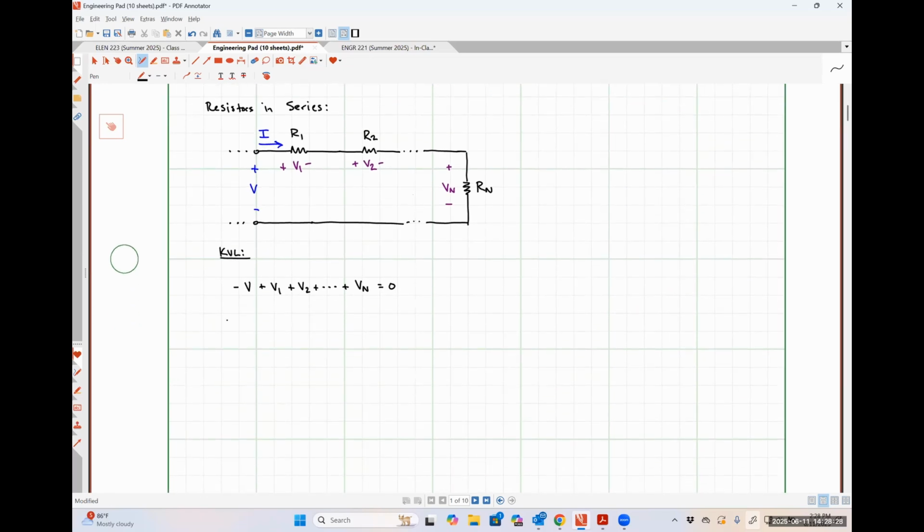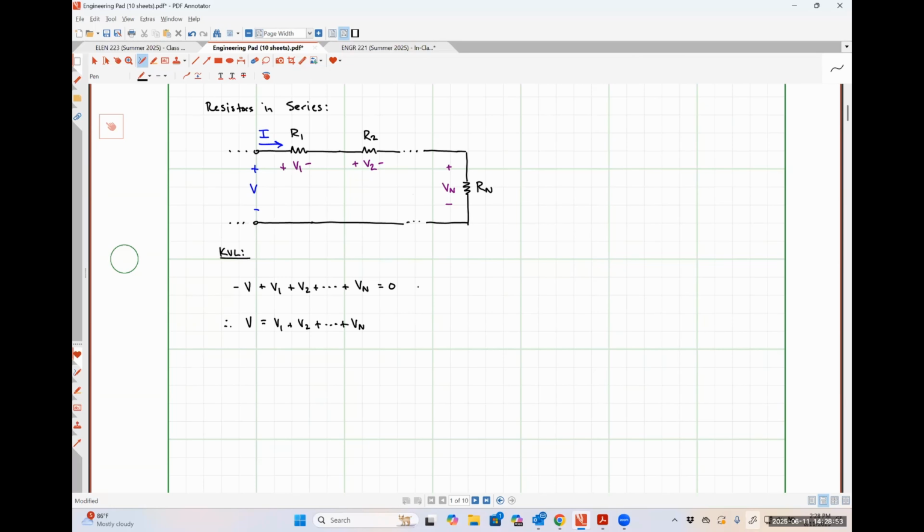And I'm going to choose to rewrite that as V, my total voltage drop, is equal to V1 plus V2 all the way out to V sub n. So the total voltage is equal to the sum of all of the voltage drops across the individual resistors. Okay.